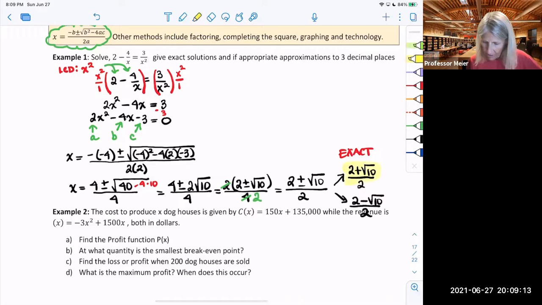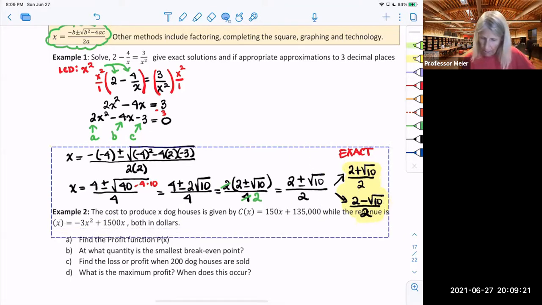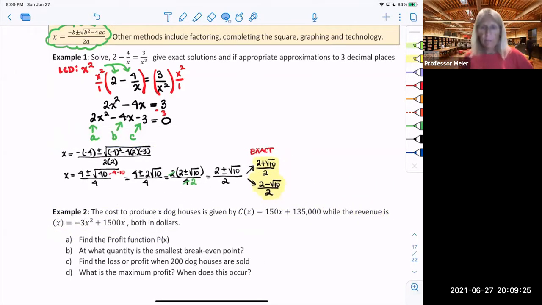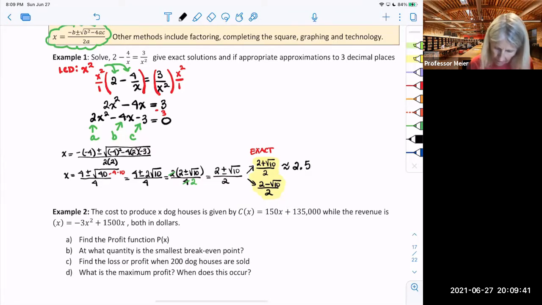Now, if you like, then you can type these into the calculator and get yourself a decimal approximation. Okay, so just getting the calculator out, using the fraction button, and we can get decimal versions of these. So let me tell you that 2 plus radical 10 divided by 2, I want to say that's going to give us 2.581.